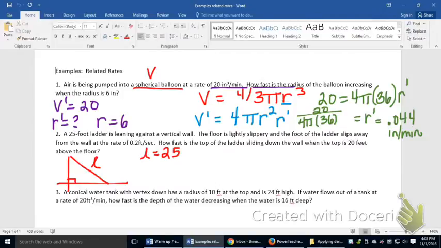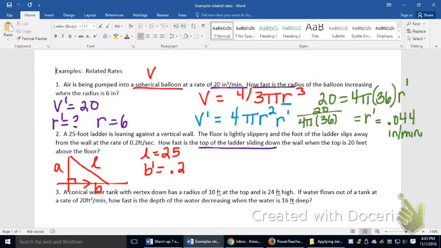So the ladder is going that way. And I'm just going to call these A and B for now. It says it slips away from the wall at 0.2 feet per second. That's telling you that B prime is 0.2 because the B part of the length is changing at that rate.